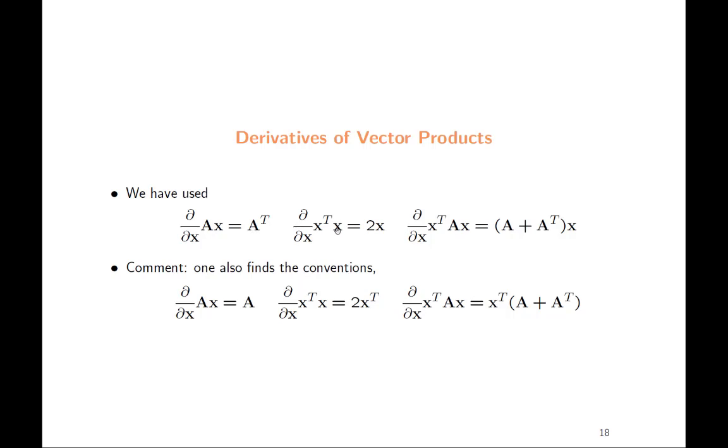Of X transposed X is 2X. Of X transposed AX is A plus A transposed X. It depends a little bit if you define it as a matrix or the transpose of the matrix. So sometimes you also find these expressions in the literature. I think we use the first one here, but you get, of course, the same results.